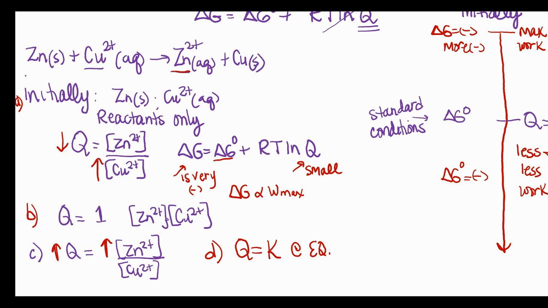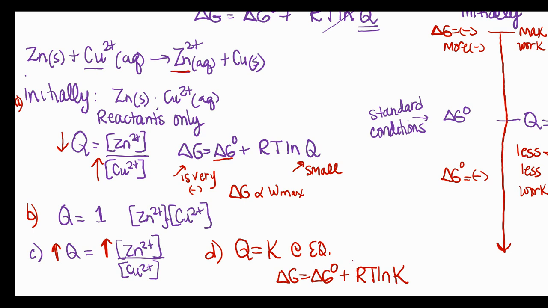At that point, what's going to happen is that, so here's our equation. We can substitute and write delta G naught plus RT ln K, because now you're at equilibrium.